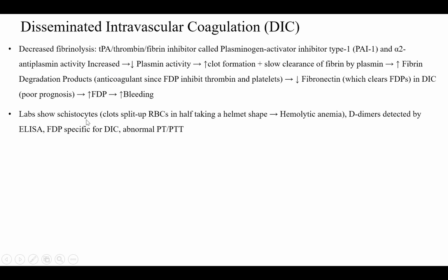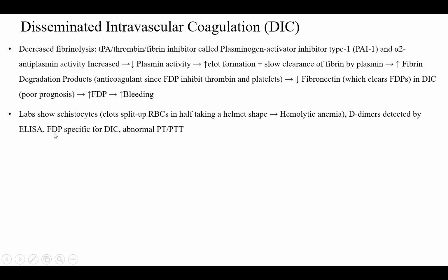Lab shows schistocytes. Schistocytes are basically RBCs cut in half. Every time RBCs are passing by, those clots shear RBCs in half, and those RBCs take a helmet shape, and these helmet shaped RBCs are called schistocytes, and this causes hemolytic anemia. You'll also see D dimers detected by ELISA, which are FDP specific.